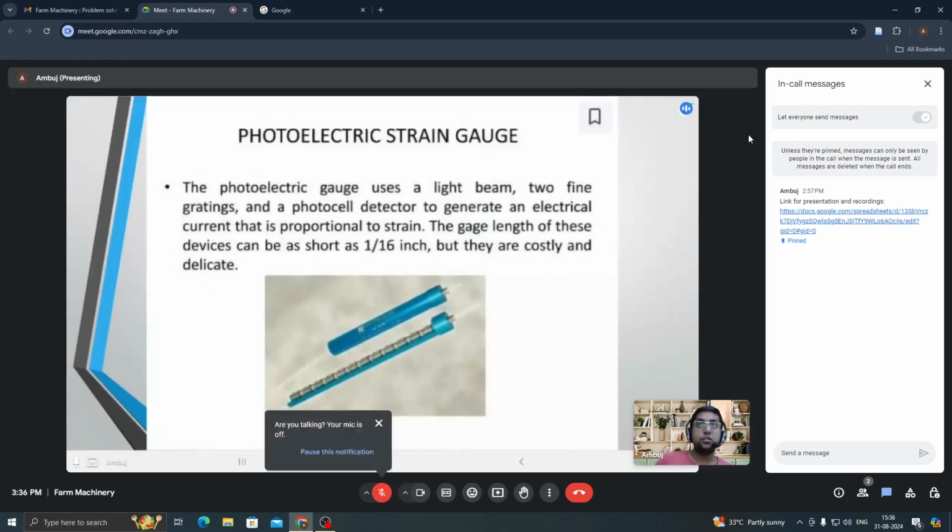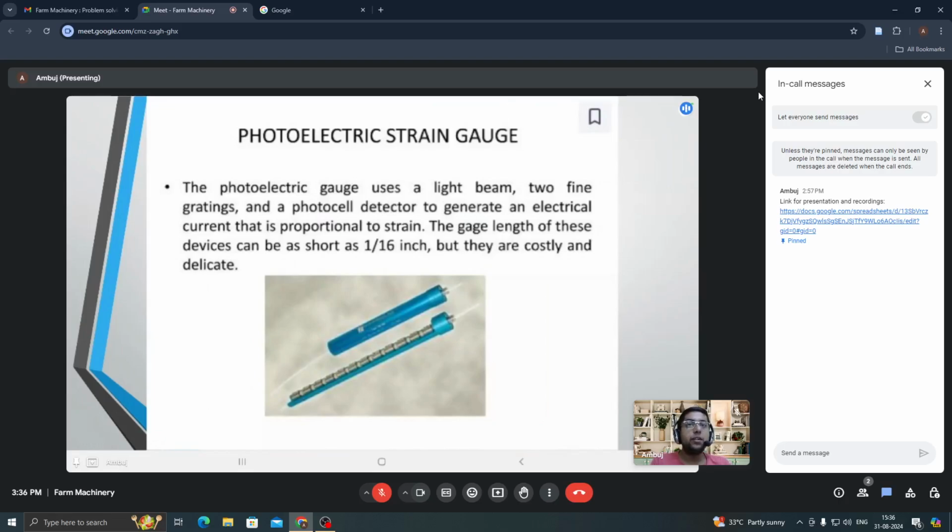Another type of strain gauge very recently being used is the photoelectric strain gauge. In this gauge, there is a source for light as well as a receiver for light, and the tubing where the light is traveling is directly exposed to the strain.